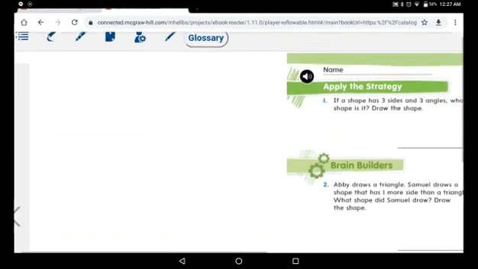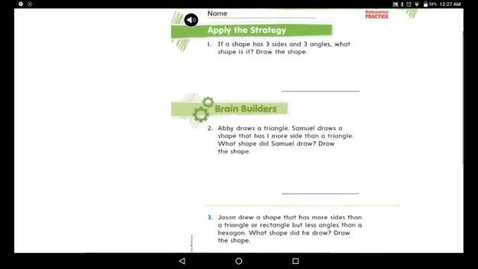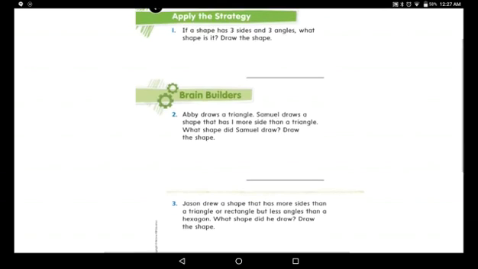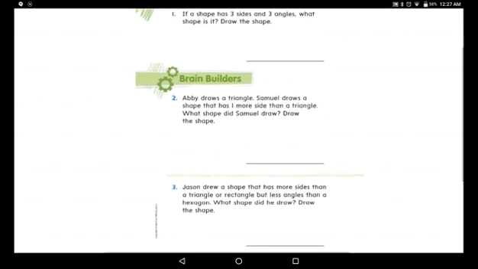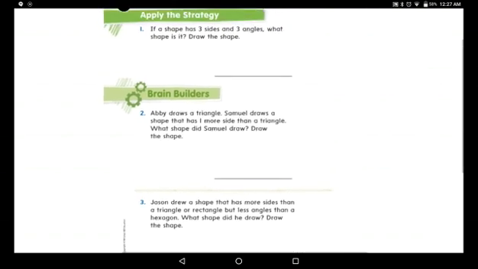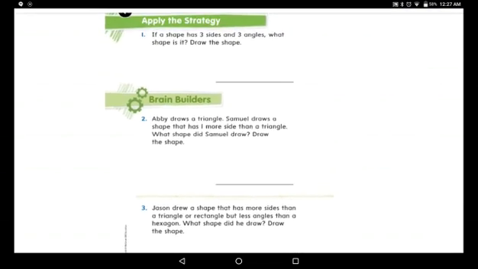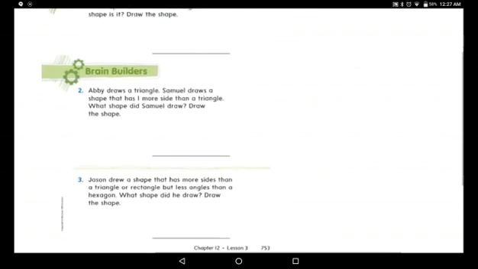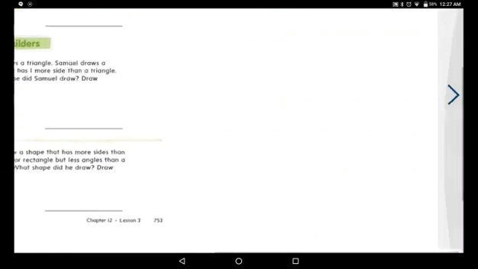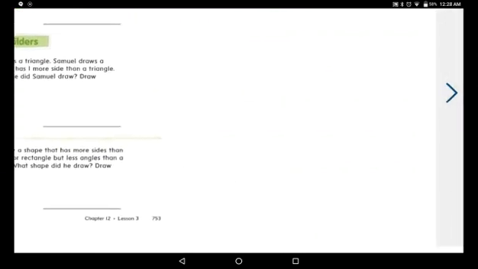I want you to try alone and read alone and solve alone and send me the picture. The 3 questions are super easy. Please send me your work and move to the next page, which is 754.